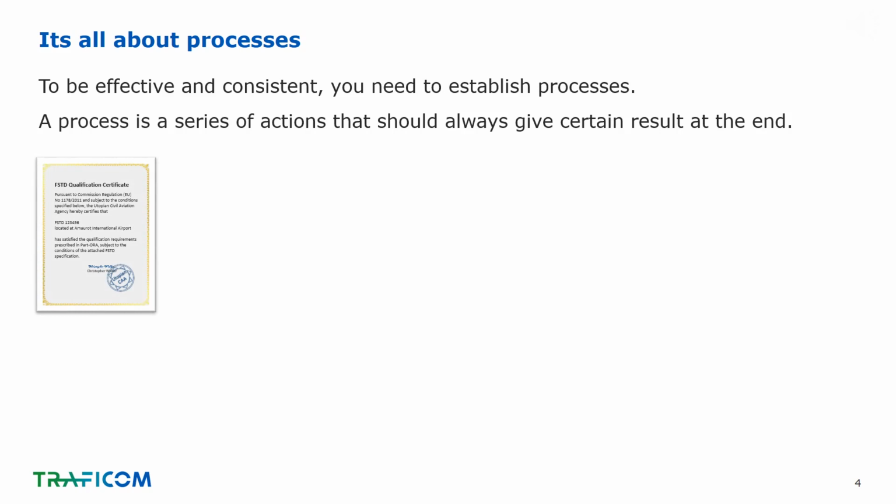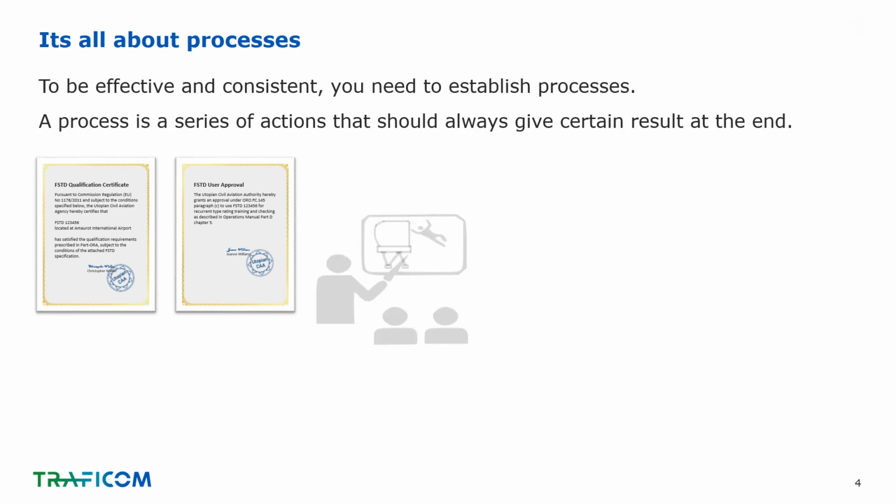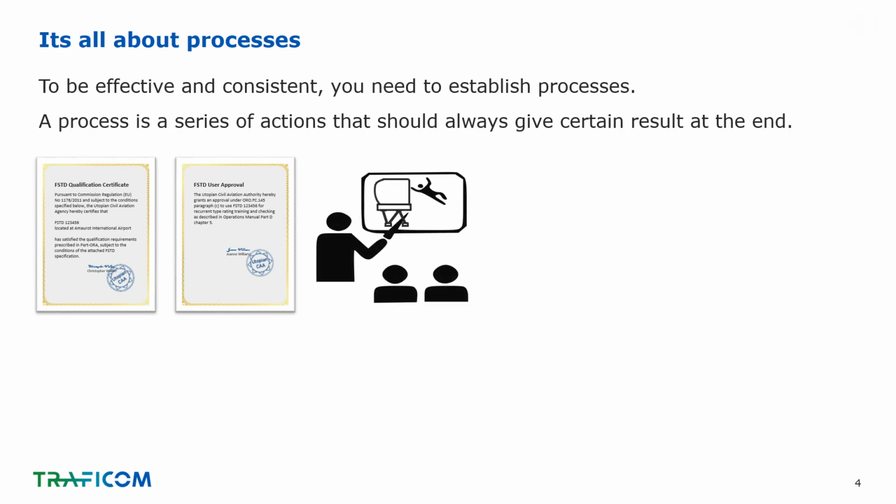The training organization must obtain approval from the competent authority to use the device in the planned training. The instructors must be familiarized with the characteristics of this individual device. For example, the instructor stations are different between different devices, and the safety systems and evacuation arrangements vary as well.